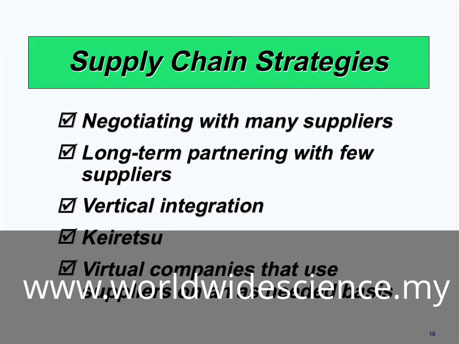The third strategy is vertical integration, and the fourth is called Keiretsu, a Japanese concept we will talk about. The last one is virtual companies that use suppliers on an as-needed basis. So let me develop each concept and talk about each of them.